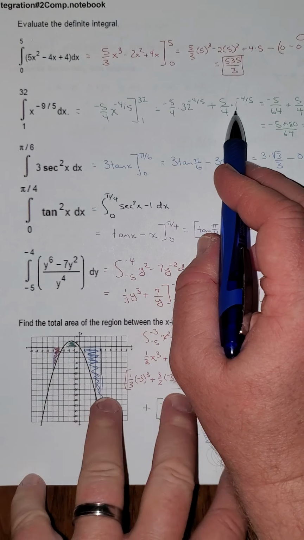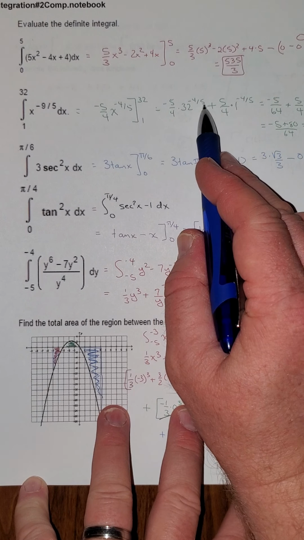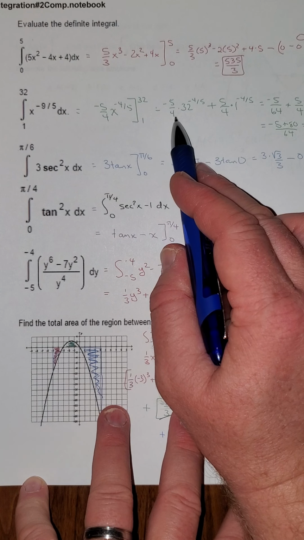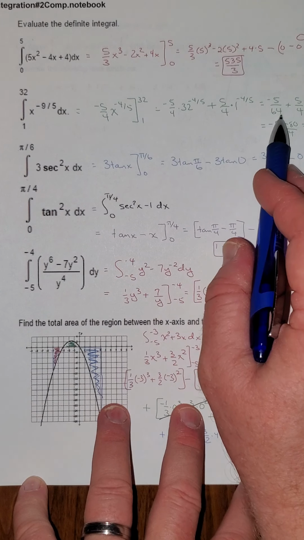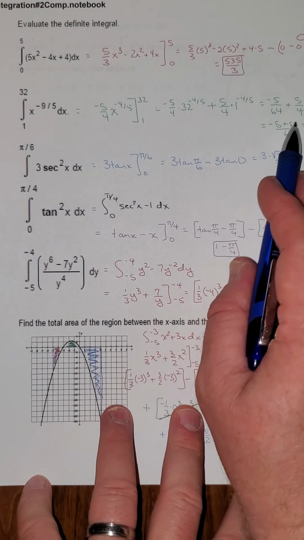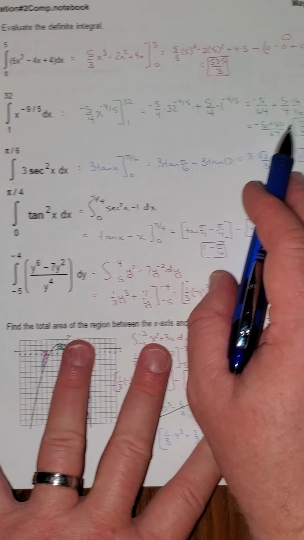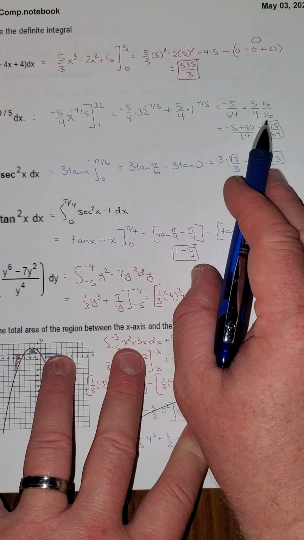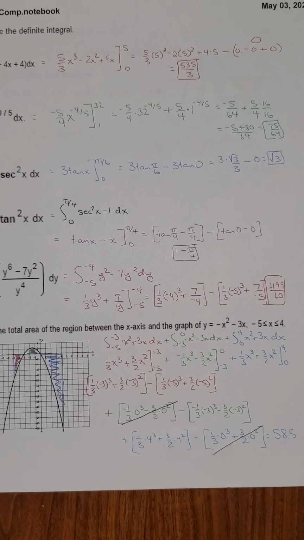Plug in your 1. Okay? The 5th root of 32 is 2. 2 to the 4th is 16, but the negative puts the 16 on the bottom. 4 times 16 is 64. Here, it just comes out to be 5/4. And in class, we might have to do this without a calculator, okay? So I found common denominators here. I just added them up. I got 75 over 64. You can use your calculator, okay?